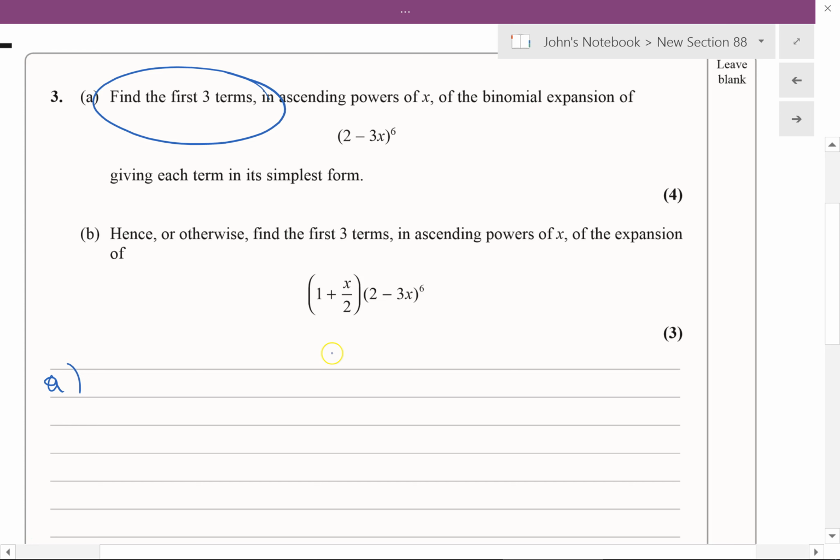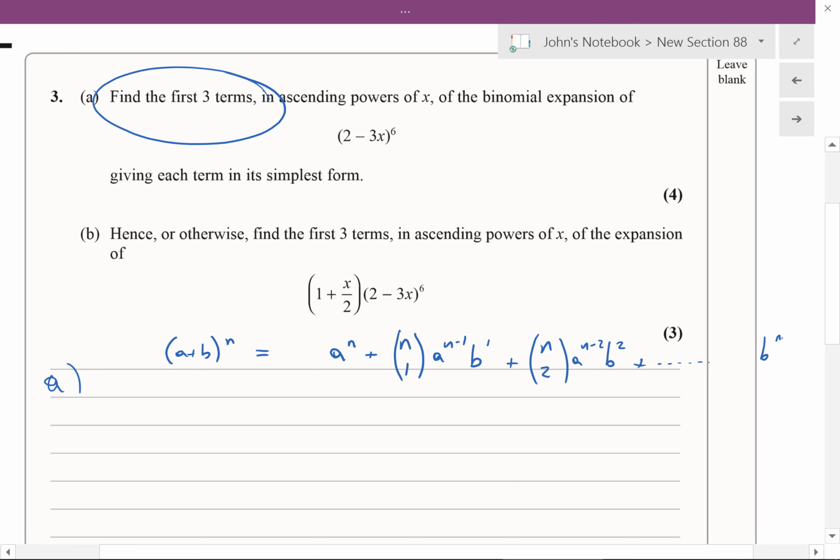It looks something like this: a plus b to the n equals, and then it's nC1, a to the n minus 1, b to the 1, plus nC2, a to the n minus 2, b squared, plus dot dot dot up to the last term, which would be b to the n.